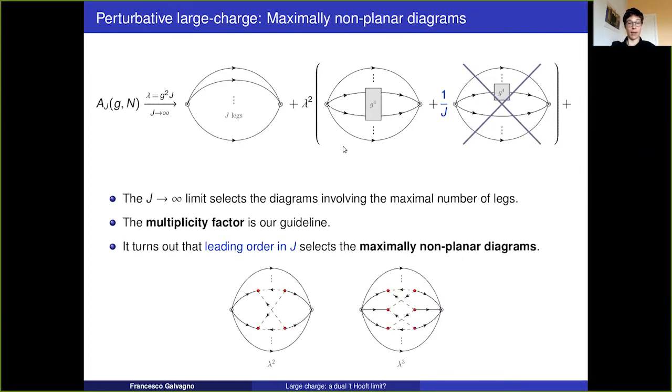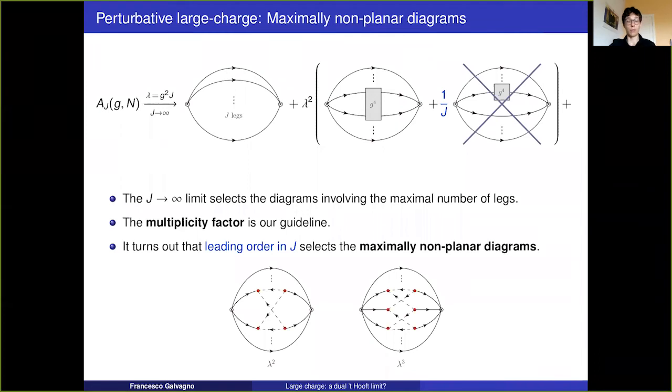And in our N=2 cases, it turns out that the leading order in J selects the maximally non-planar diagrams. Here we see two examples at two loops and at three loops order. And here it is quite intriguing, the fact that this J going to infinity limit selects precisely the dual class of Feynman diagrams with respect to the usual large N limit.